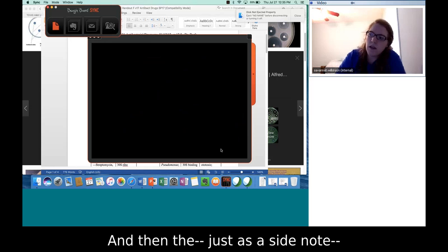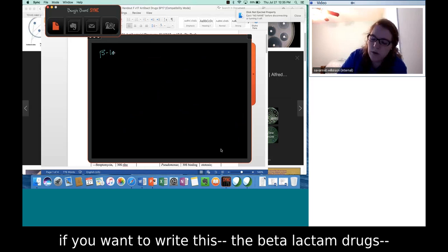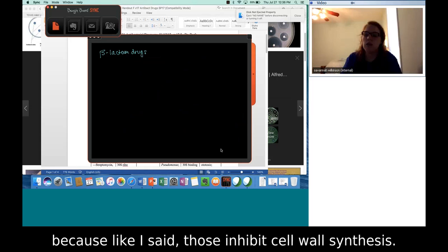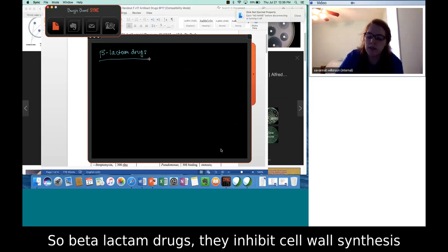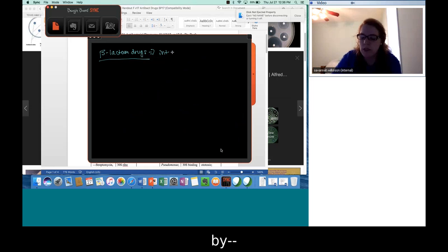Okay. And just as a side note, if you want to write this: the beta-lactam drugs inhibit cell wall synthesis.